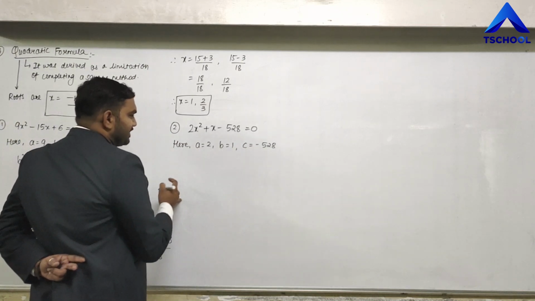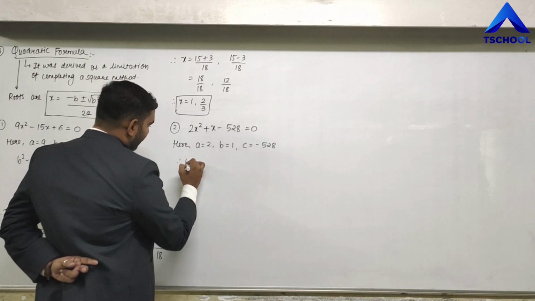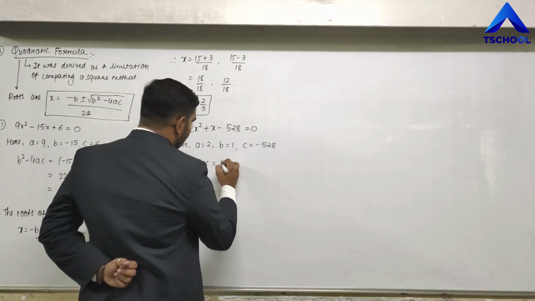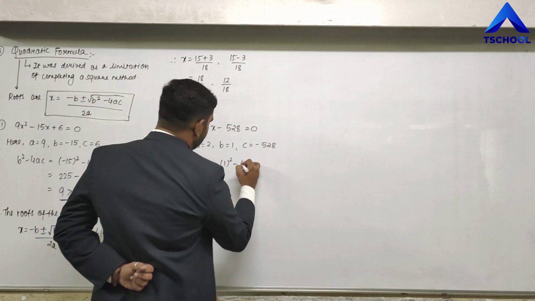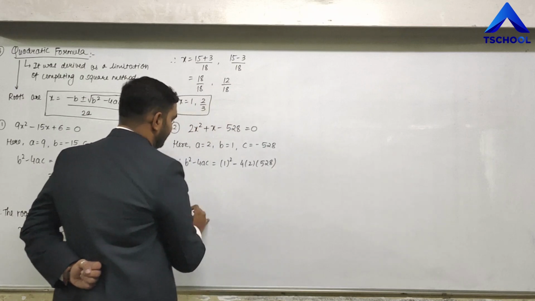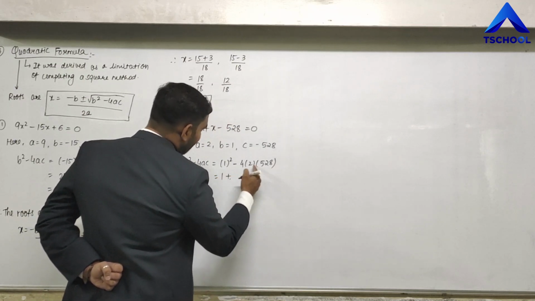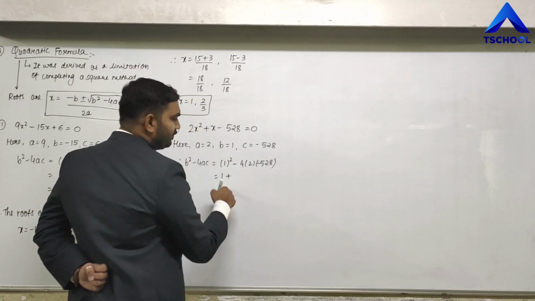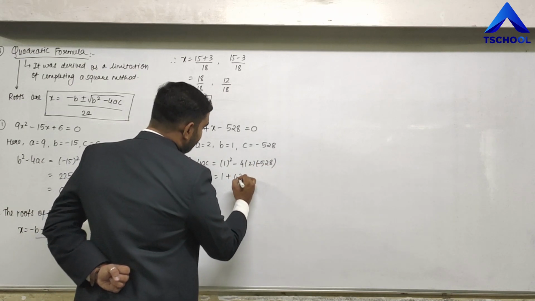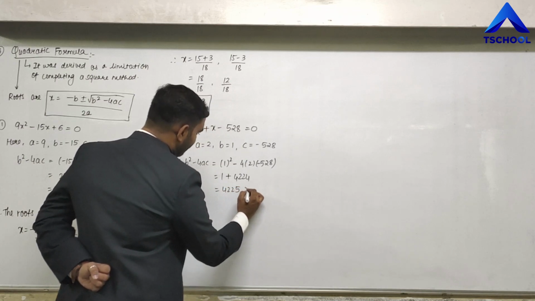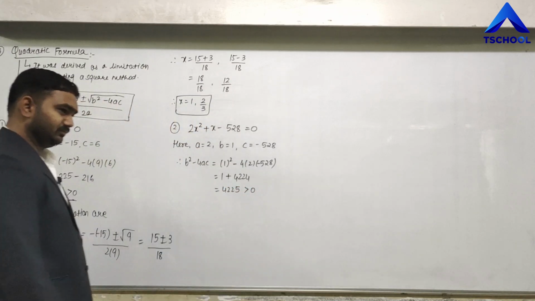Here a, b and c are these, therefore b square minus 4ac, that is 1 square minus 4 into 2 into minus 528, minus minus plus, and this will be 4224, that is 4225, which is again greater than 0, right?